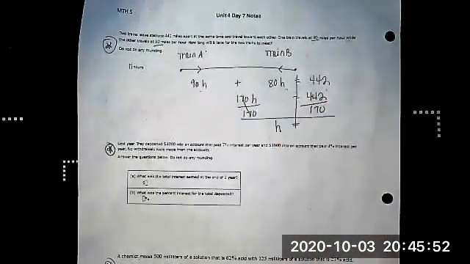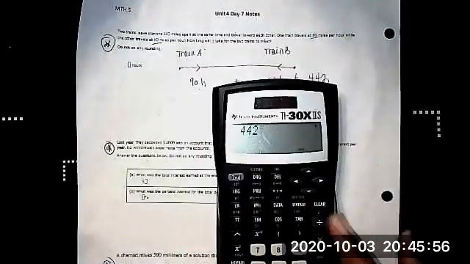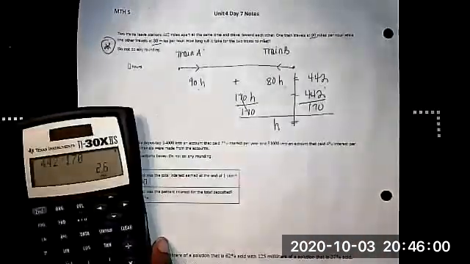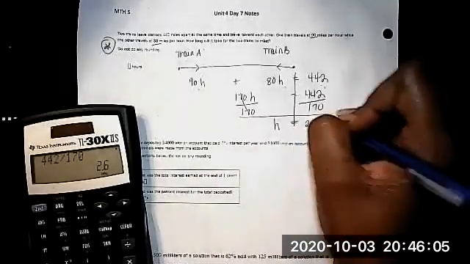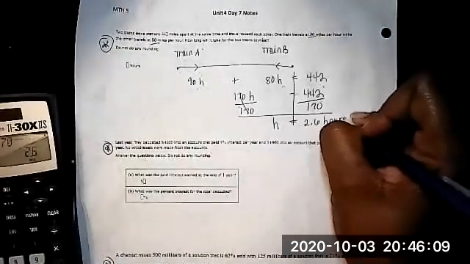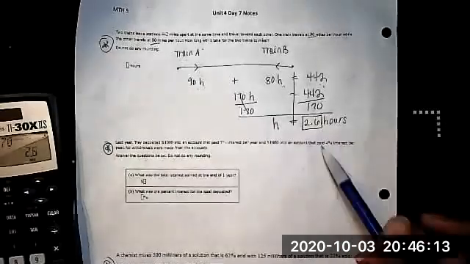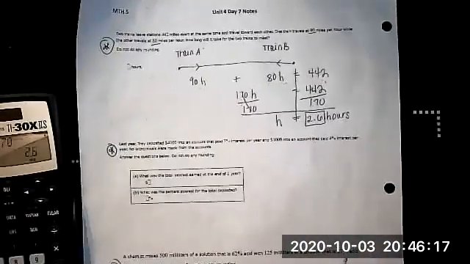So if you put 442 in your calculator and divide that by 170, your answer will be 2.6. And this represents hours. So in 2.6 hours, the two will meet in the middle, and that is how you're going to set up problems of that nature.